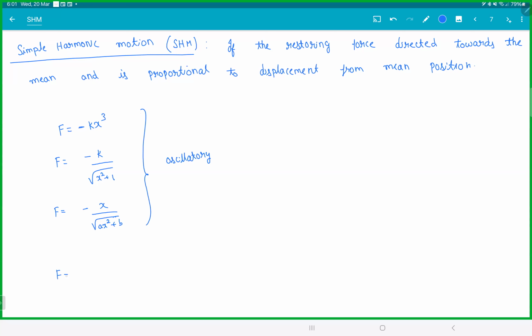Now, if you have f is equal to minus k x power 1, this is oscillatory and SHM. Here, x is the displacement from mean, and negative indicates attraction.